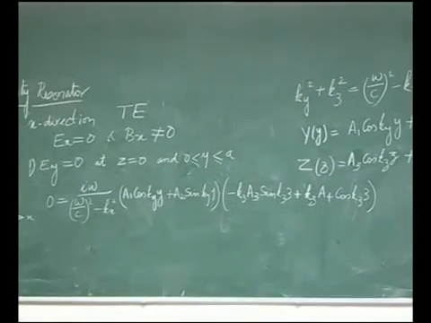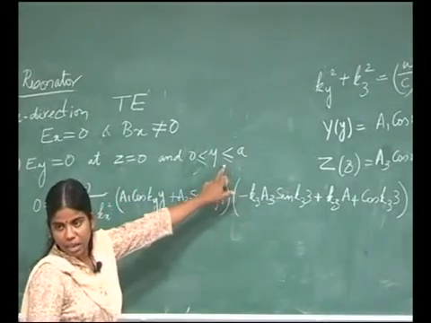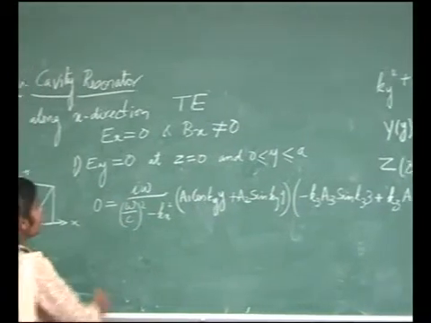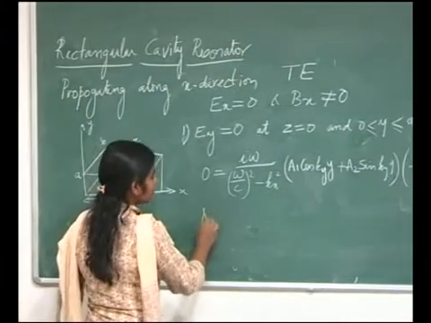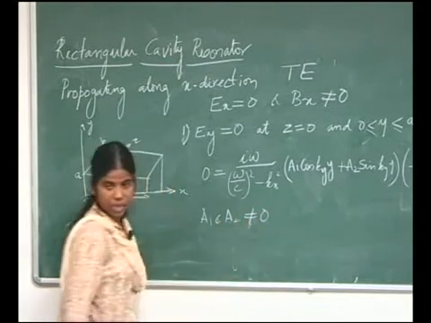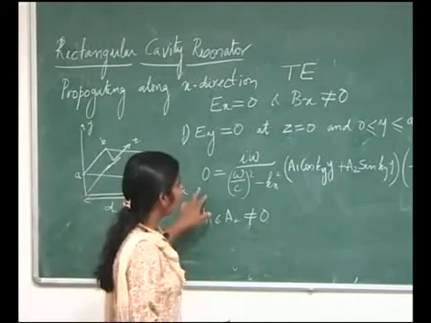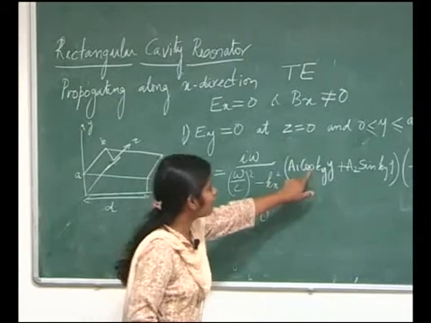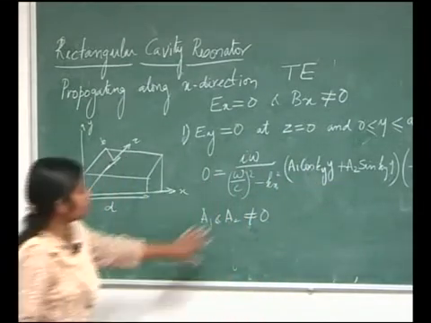Now I know that my y is varying from 0 to a. Ey in this case is not 0. We have assumed that. From that assumption I can say that a1 and a2 are not equal to 0. And also, if this term is not 0, the y component is not 0, then these two terms should also be not equal to 0, because this is a product term.